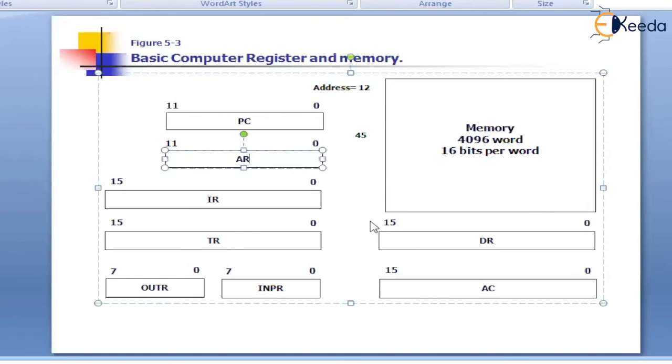Who is the only person who can communicate with the address part of the main memory? Only the address register. For that reason, the data register should send this address back to the address register for getting it located in the main memory. Anytime any register receives an address, the responsibility of that register is transferring that address back to the address register.